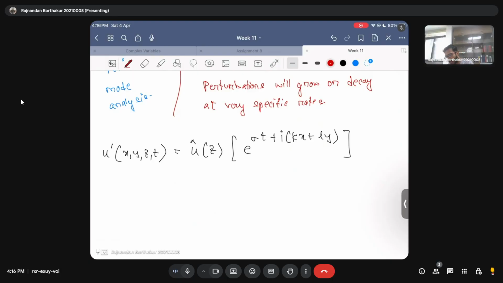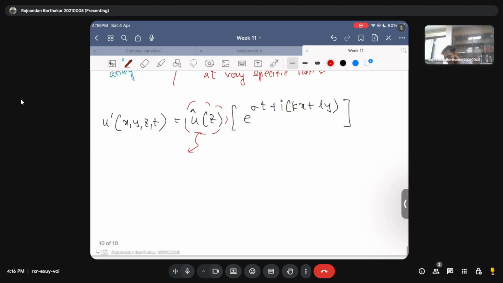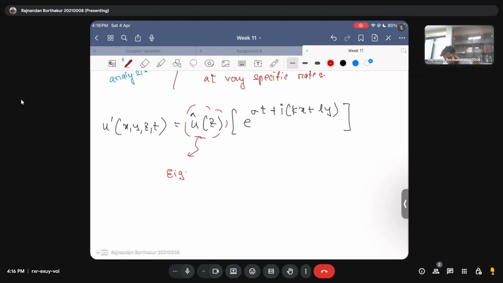Now it is important to understand that this u hat of z is known as the eigenfunction. This sigma is the most important term in this expression, and it is called the eigenvalue. This eigenvalue signifies what we call the growth rate.